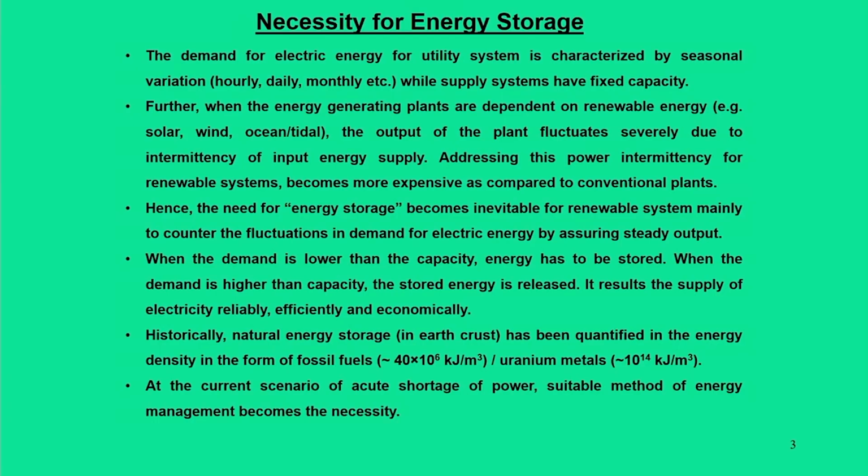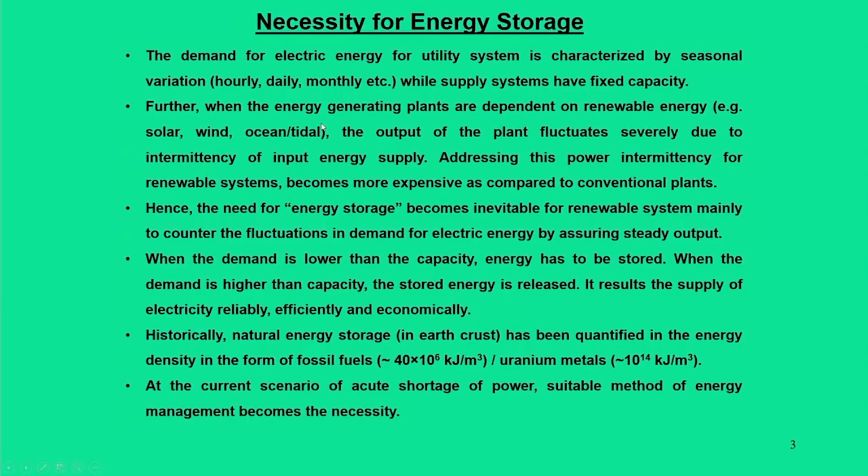To counter this effect, we require some kind of mechanism in which energy can be stored, with the philosophy that when there is a demand, the stored energy can be utilized to cater to the needs. The very basic need of energy storage applies to renewable energy systems, that is solar, wind, ocean, and tidal, where the output of the plant also fluctuates.